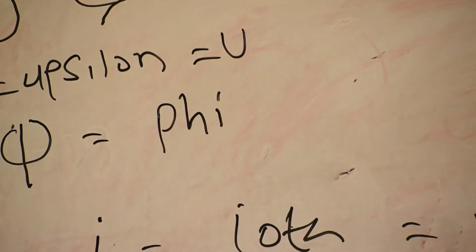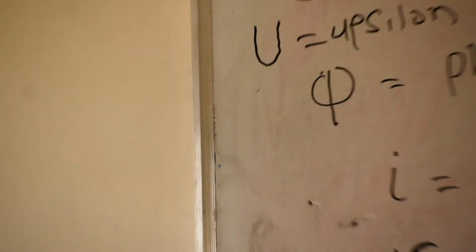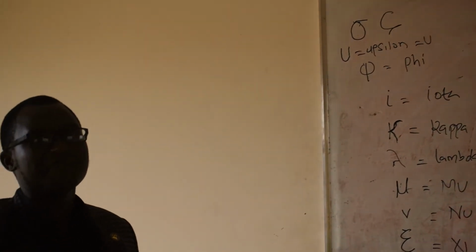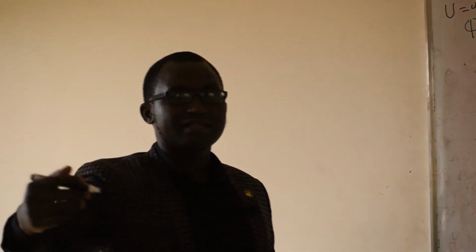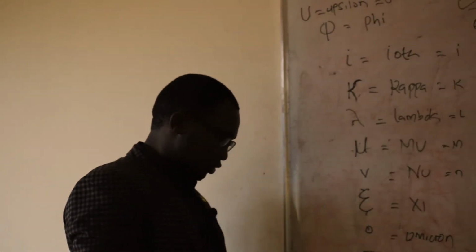You have to know these things. This one is a phi, and you can best pronounce it from the word graphic. Practice it on your own, and you will be able to get it better.